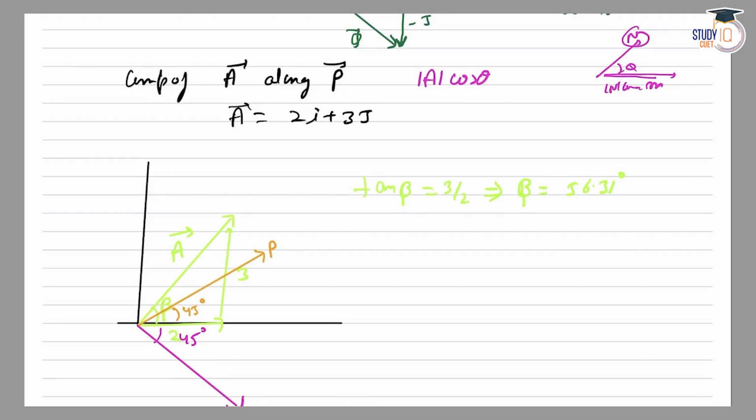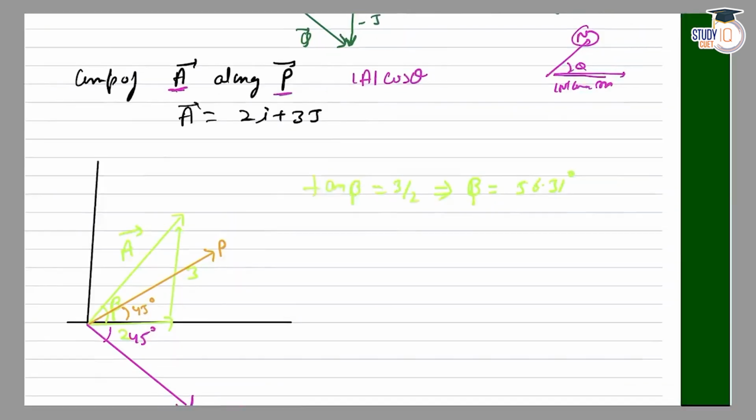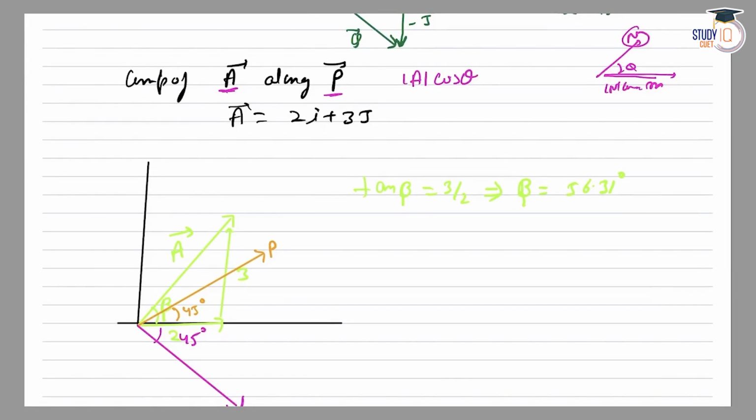So in this case, the component of vector a along vector p is mod a cos theta, where theta is the angle between vector a and vector p. Now the angle between a and p in this case is equal to 56.31 minus 45 degrees, which comes out to be 11.31 degrees.